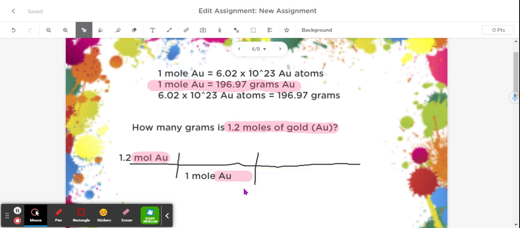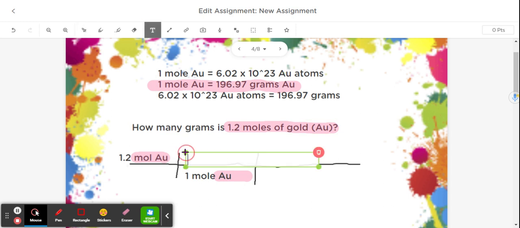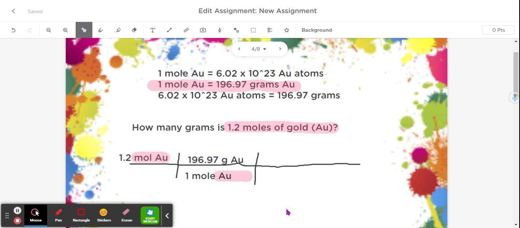And then what's going to go on top is our grams. So 196.97 grams of AU. Okay. So we're going to multiply on my calculator. We're going to do 1.2 times 196.97.